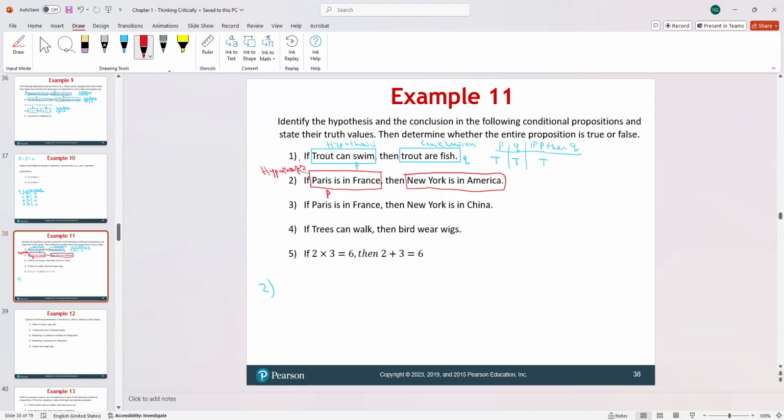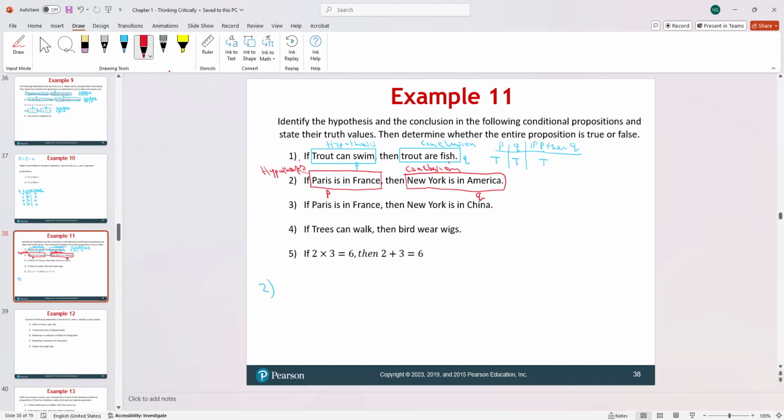Yeah, that's true. New York is in America. We're going to call this one Q, or we can also call it the conclusion. Paris is in France, that's the hypothesis. New York is in America, that's the conclusion.